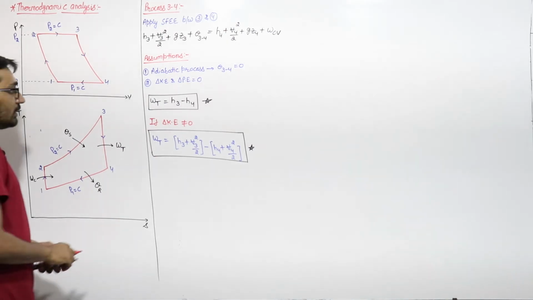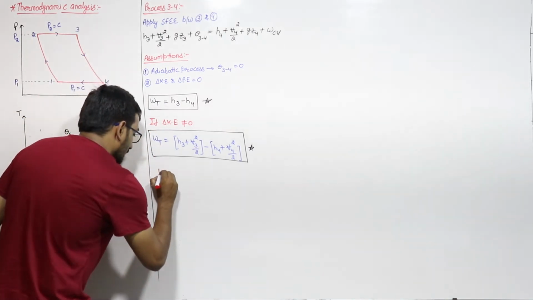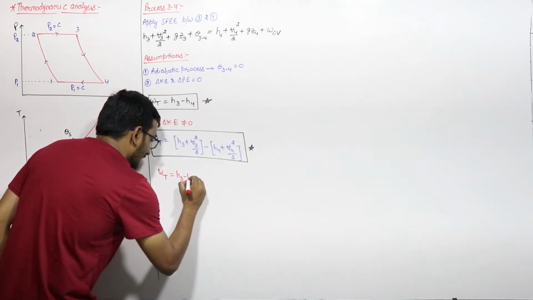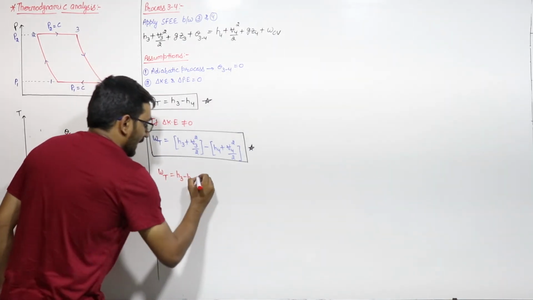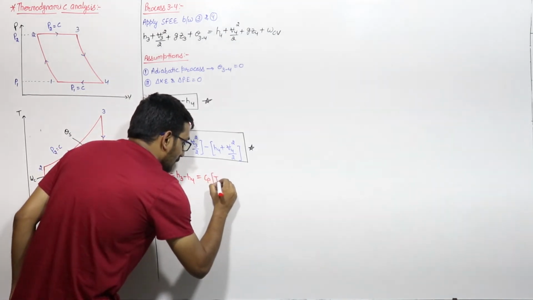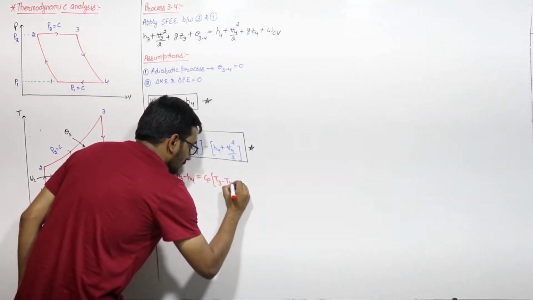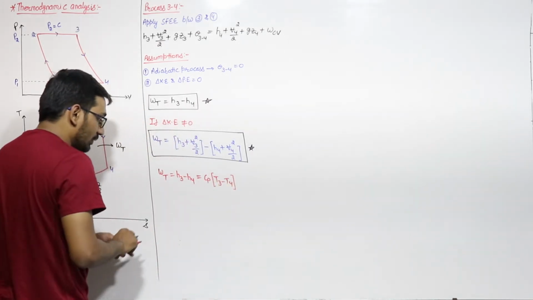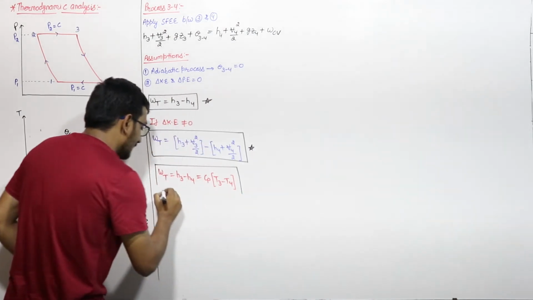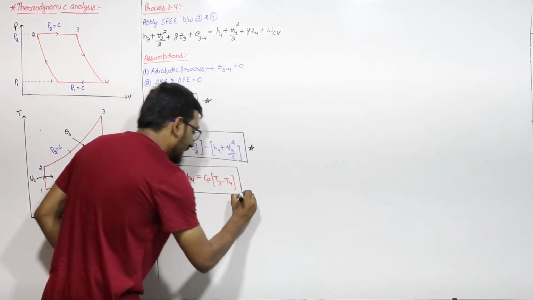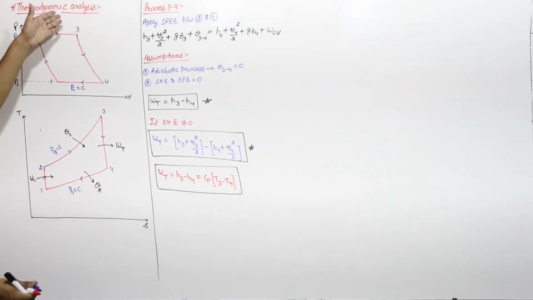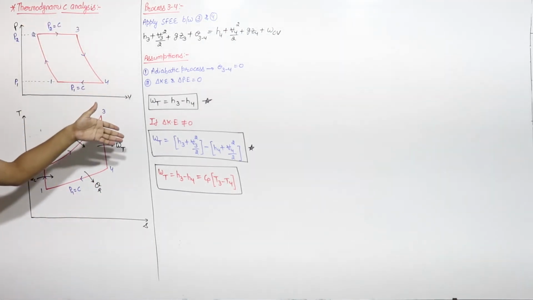Right. Now, if I take this equation, work done by the turbine will be equal to H3 minus H4, and I can write this in terms of temperature as Cp into T3 minus T4. But when can you write dH is equal to Cp dT? For a constant pressure process, for any substance, but this process is not a constant pressure process.